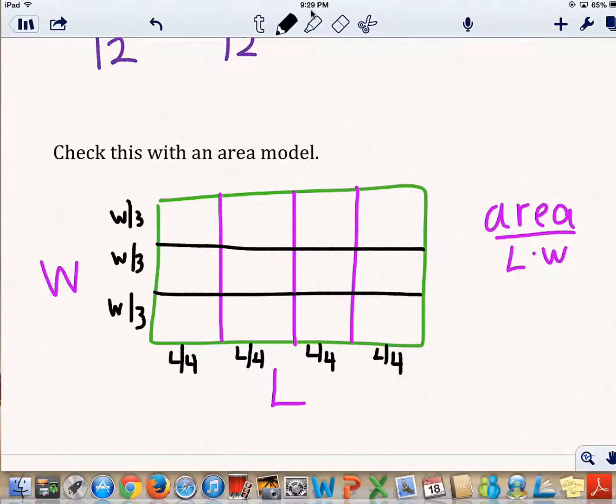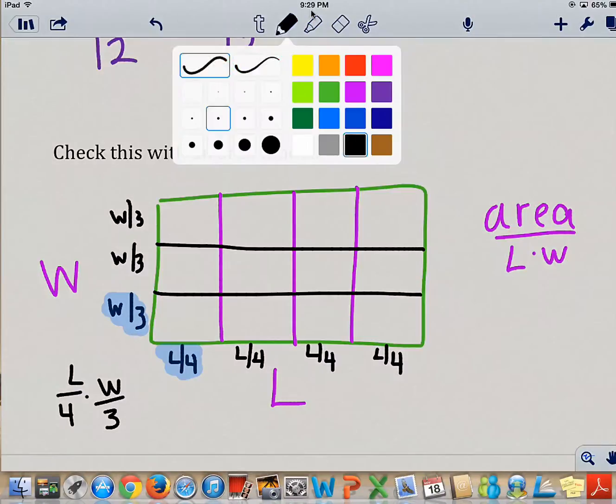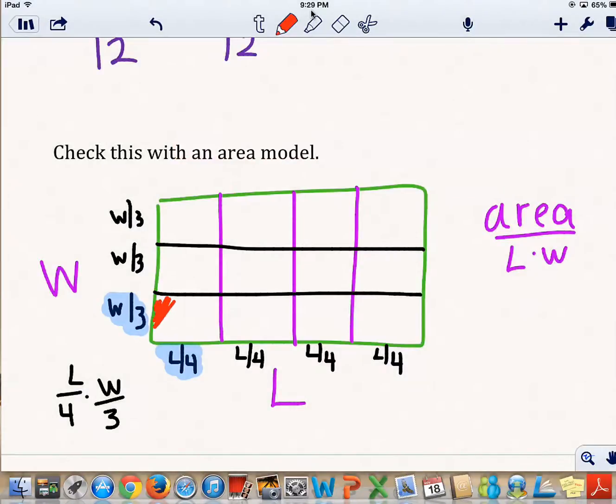All right, so when we multiplied our fractions, L divided by 4 times W divided by 3, it's like taking L divided by 4 times W divided by 3 in our area model, which when we multiply for area, it's going to fill in the space here. And notice what we get in that red box here.